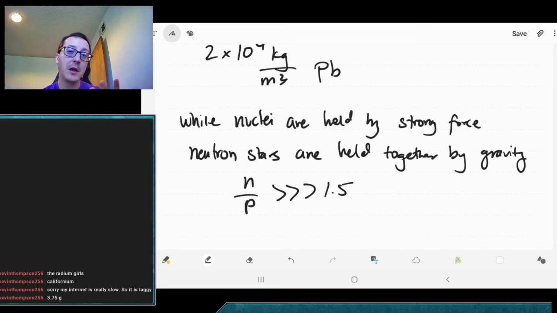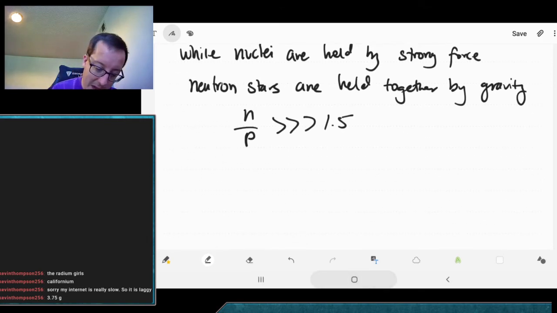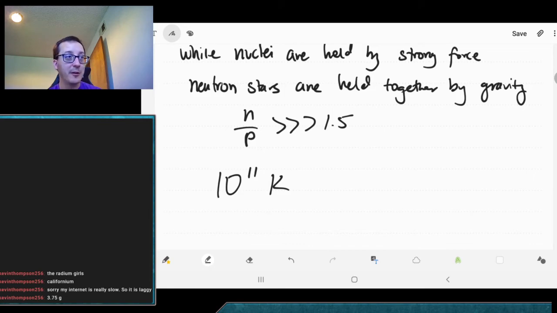And so you have this overwhelming amount of neutrons in the nuclei in your neutron star, and they're all bunched right up next to each other. So you have all sorts of crazy stuff happening. What's also really cool is they have temperatures of about 10 to the 11 Kelvin when they're newly formed, which is incredibly hot. And in just a few years, they cool off to about 10 to the 6th Kelvin.